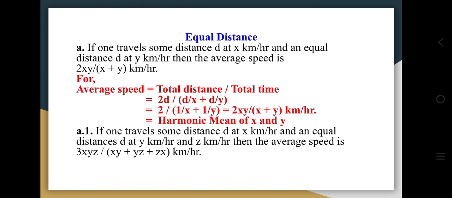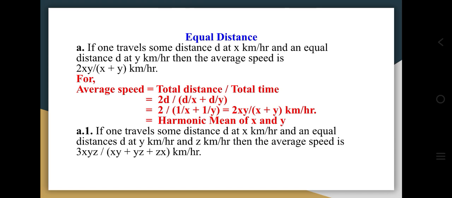Here the distance is d kilometer, so the total distance is 2d kilometer. D plus d, 2d.